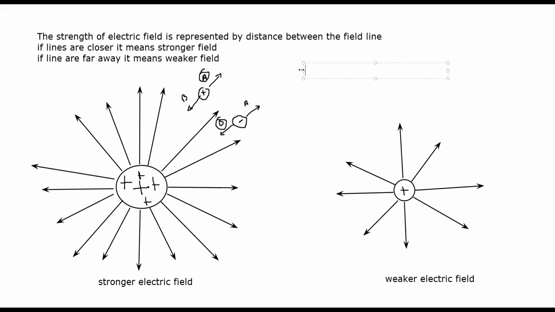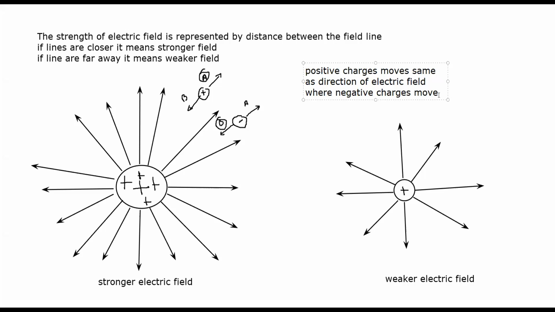So the idea is that positive charges move the same as the direction of electric field, whereas negative charges move opposite to the direction of electric field.